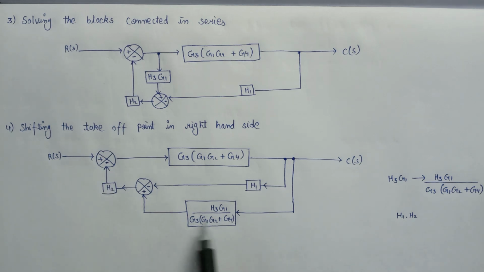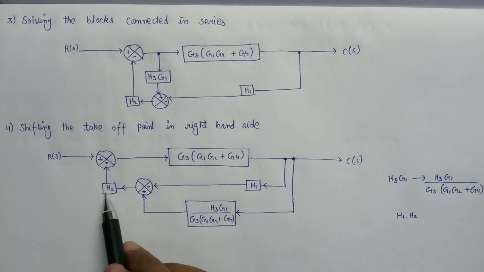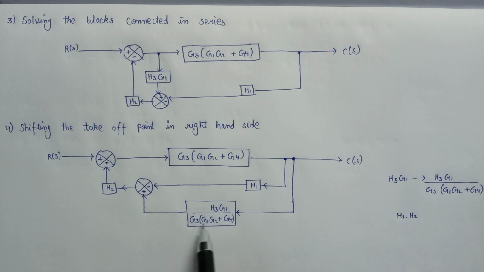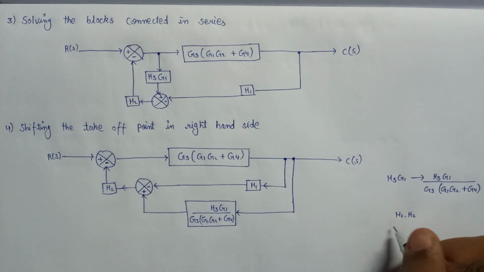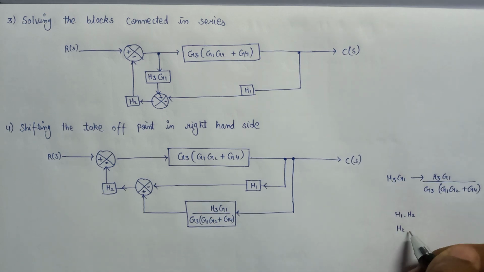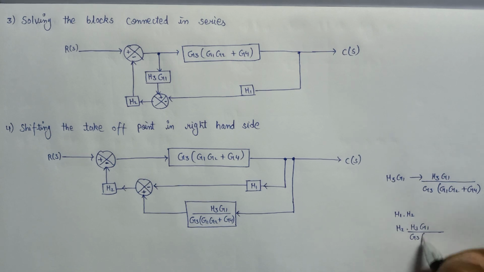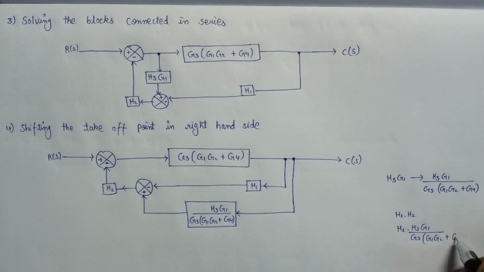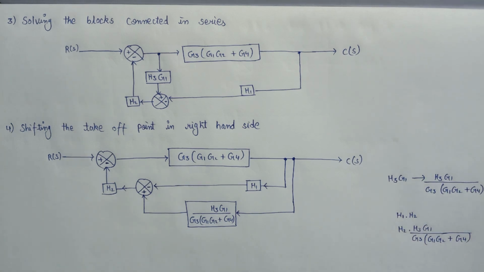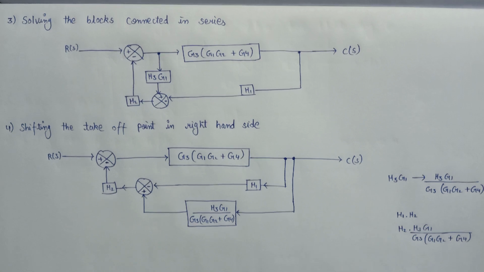So this H2 and this block gain are also in series. That's why they also get multiplied with each other. So the new gain will now become H2 multiplied with H3 G1 over G3 G1 G2 plus G4. So this is a new gain. Let's redraw this whole diagram.